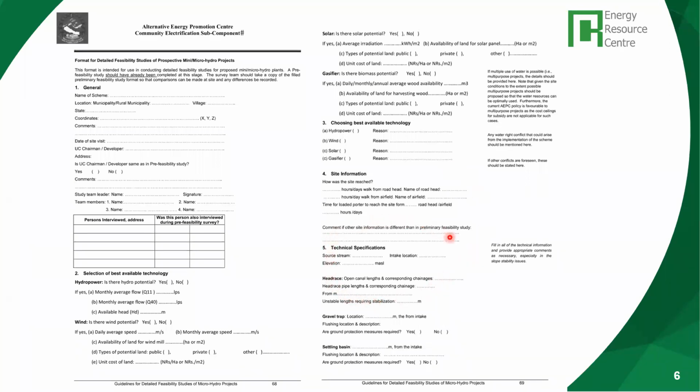So the fifth item is the technical specification, as I mentioned, and over here you provide the description of different components of the mini hydro project, starting with the headworks, the gravel trap, the settling basin, and you basically give the location of it, you give the length of it, and the dimension size of these components.